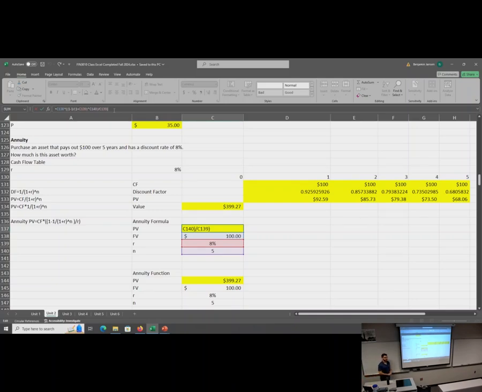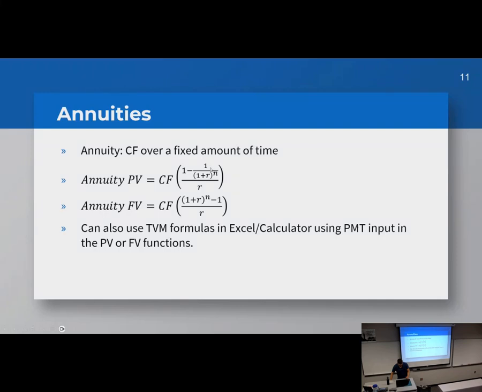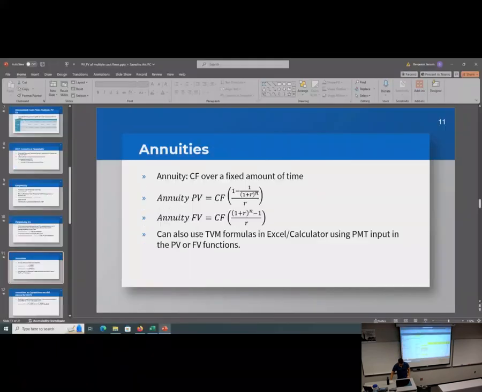Is that 1 minus 1? Yes, but under that minus 1, it's divided by 1 plus the discount rate. So it's basically the discount factor that we're dealing with in there. So back to the formula, this is what we're calculating: 1 minus 1 divided by 1 plus r to the n. But yes, in the numerator it is that 1 minus 1 section.